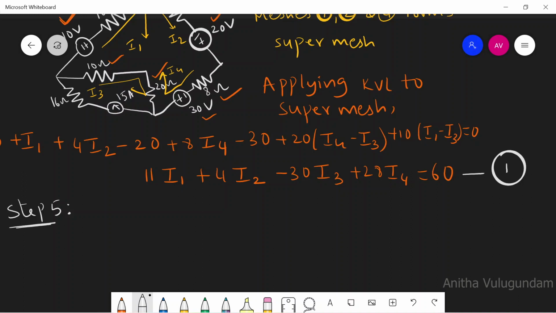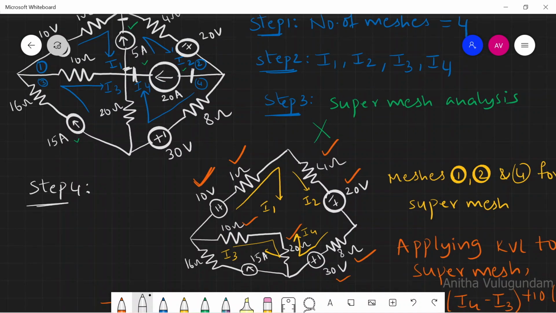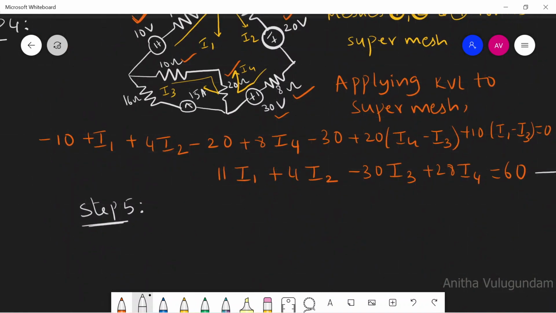From the figure, let me start with the 5 ampere current source. Here I1 is flowing and here I1 and I2 are flowing in reverse directions.